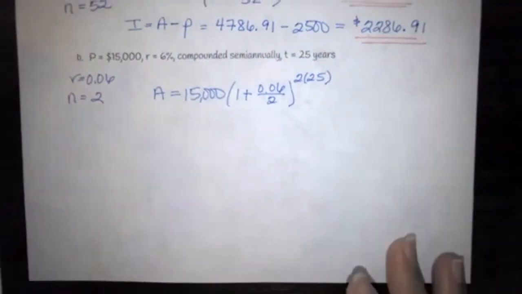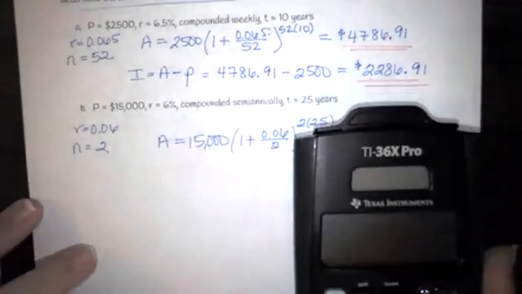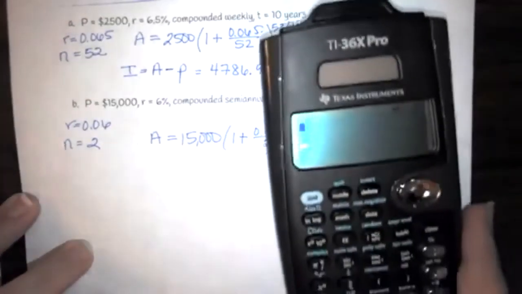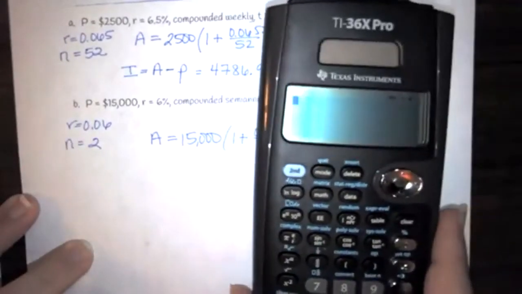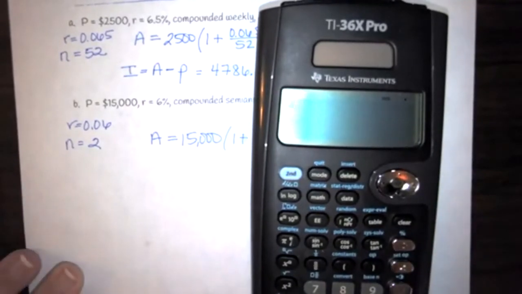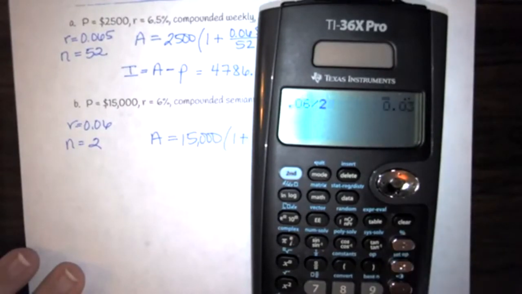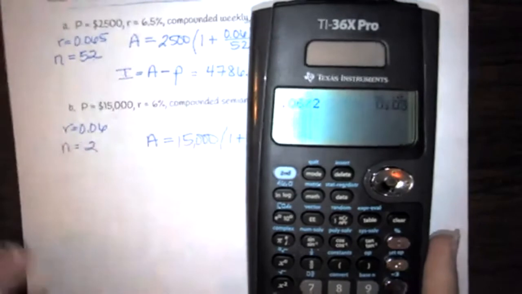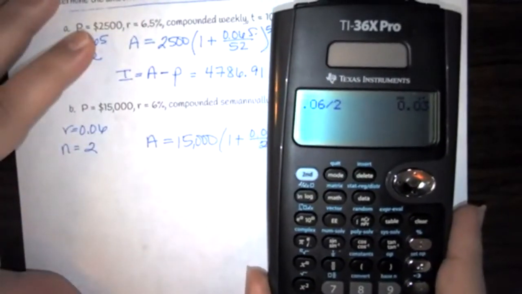Okay. Again, we'll do your calculator one more time so that you can see it. Hopefully we can see it all a little bit. Alright, so we're starting inside that parentheses. So 0.06 divided by 2 and hit enter. Okay.